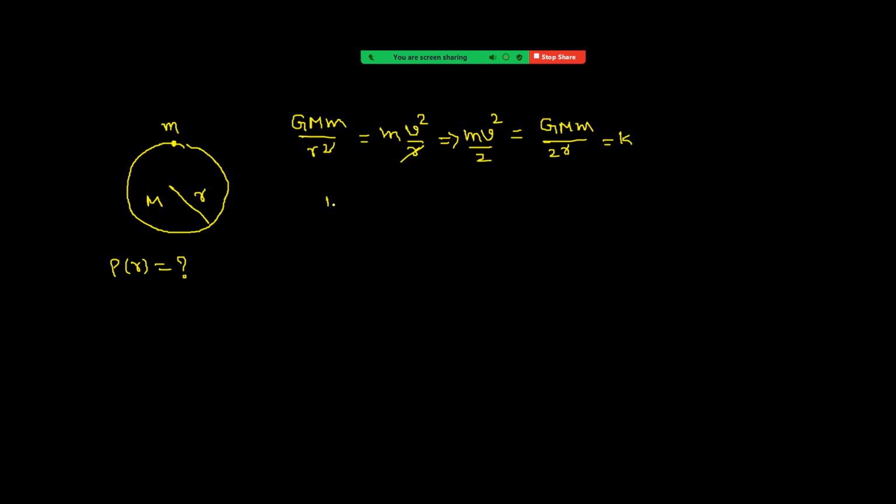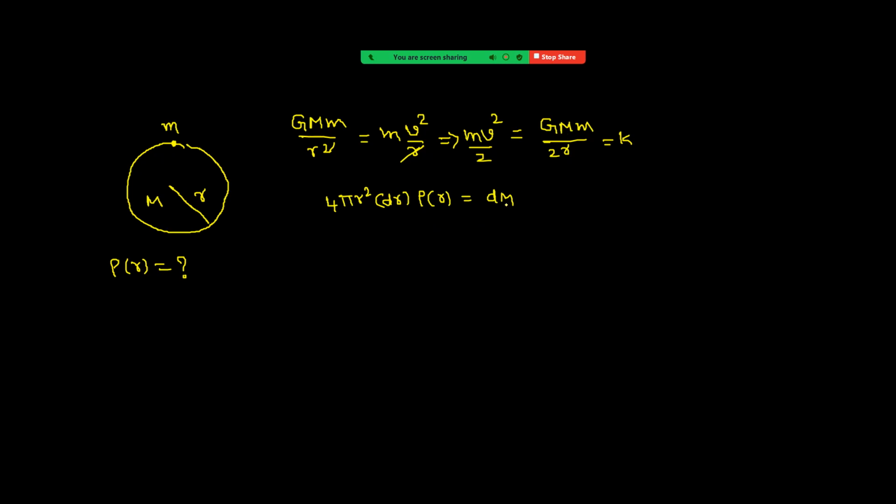For one shell, the volume is 4 pi r square into dr, into density. That gives the mass of the particles confined to that shell. Take it as dM. Like this, we have to consider all shells and find the mass in all those shells. So taking the sum of all those gives us capital M.